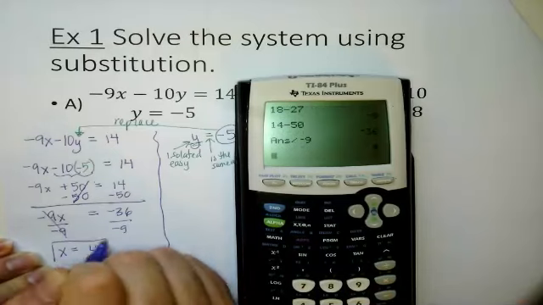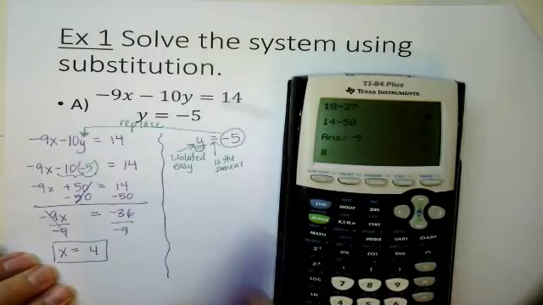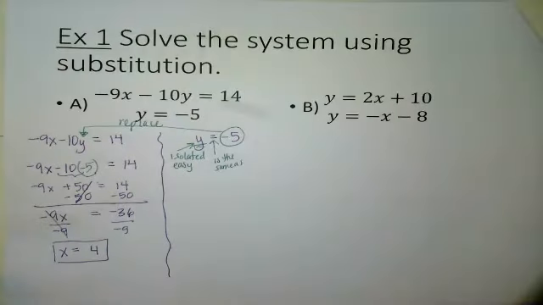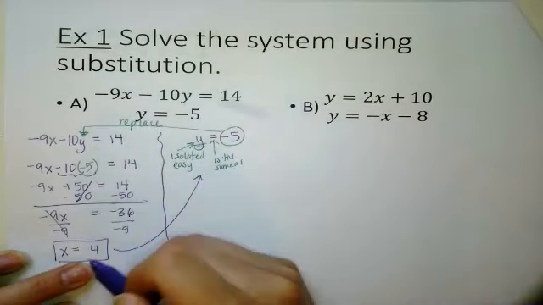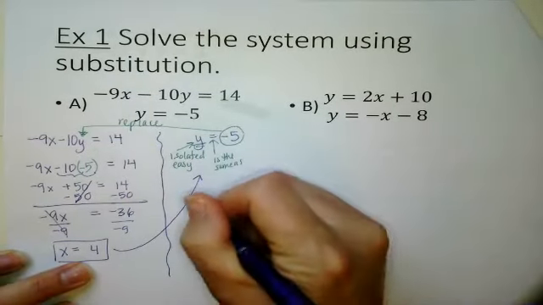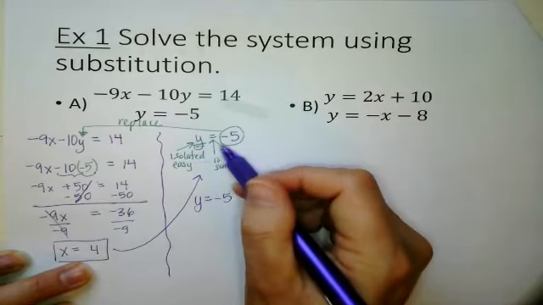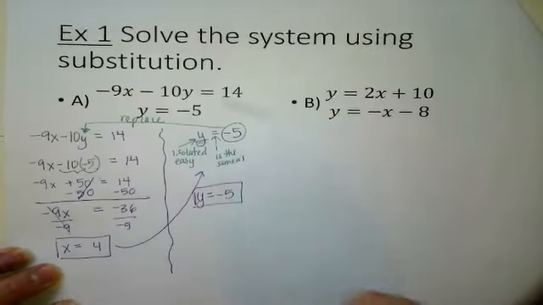I knew that answer, but you can use your calculator. Now we're not done, because a system has an x and a y, so we have to find both values. Normally we go back and plug the 4 back in, but there's no place to plug in a value for x because this equation doesn't have an x. We know that y is equal to -5.